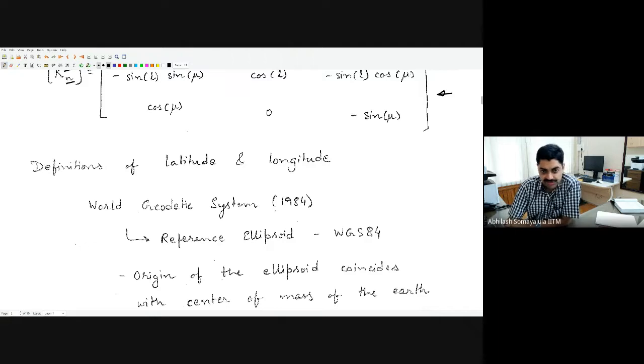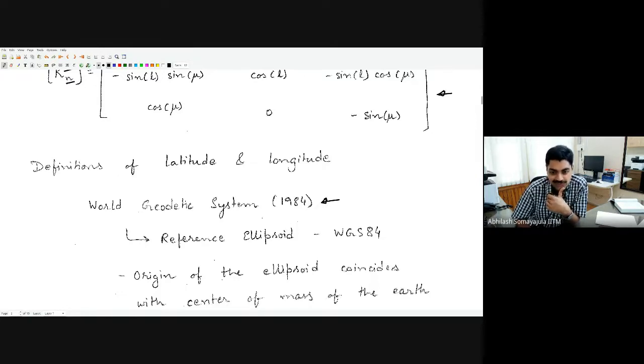All right, so let us formally define the latitude and the longitude, since we are going to be talking about this more. We know that the Earth is actually not a sphere, and it can be approximated as an ellipsoid. The World Geodetic System 1984 was established in order to determine the ellipsoid which the Earth really represents.